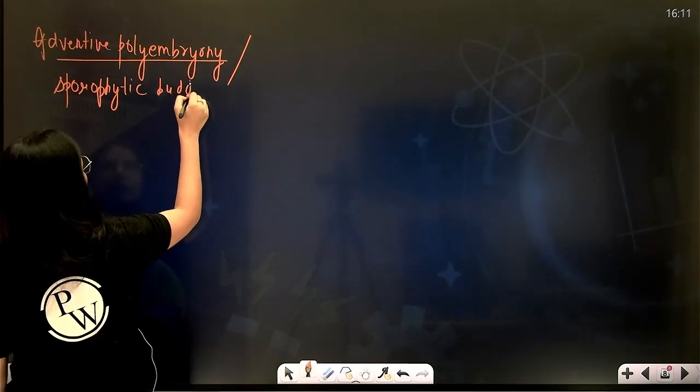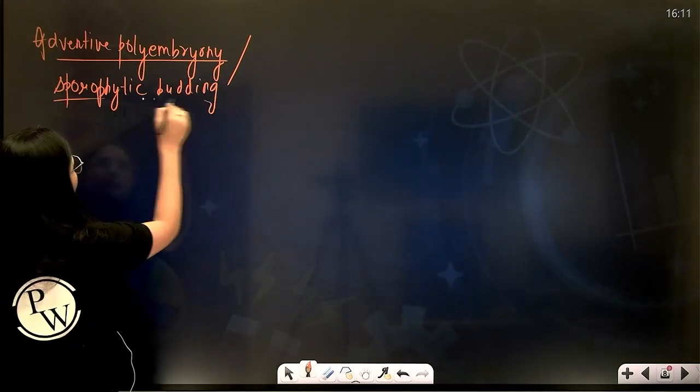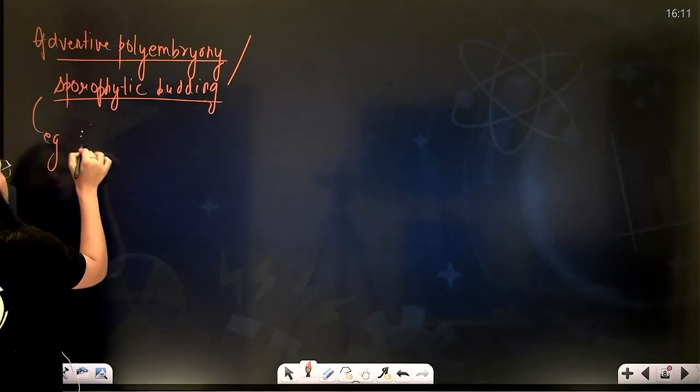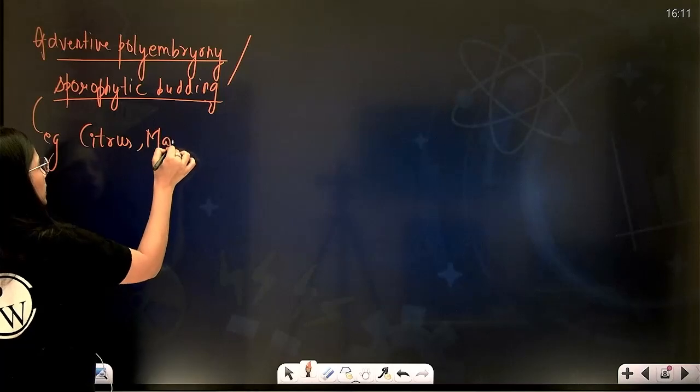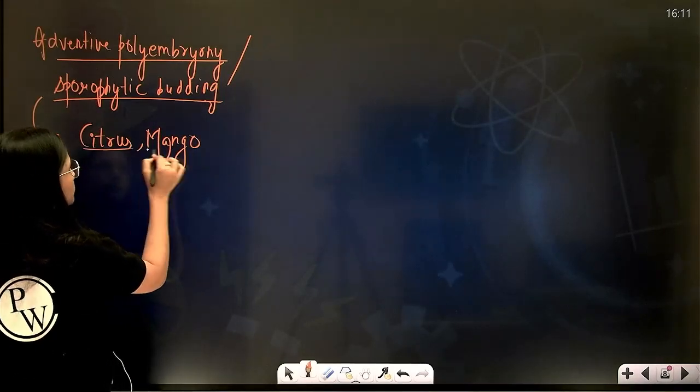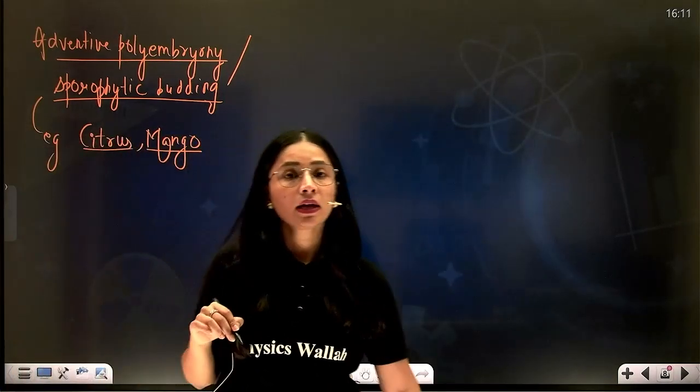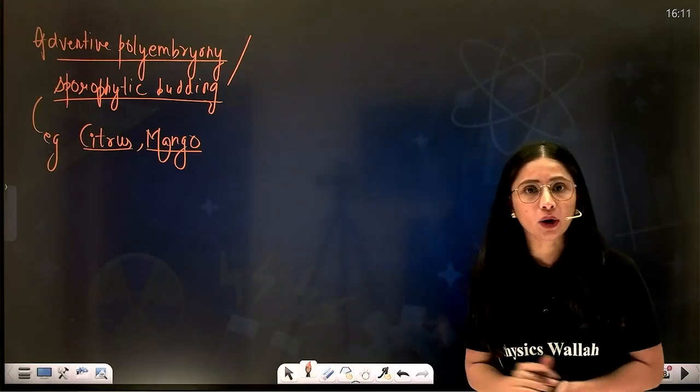It was observed by Leeuwenhoek, and some examples of this you see in case of citrus, you see in case of mango, you see in case of opuntia. Okay? Now, what is this all about?